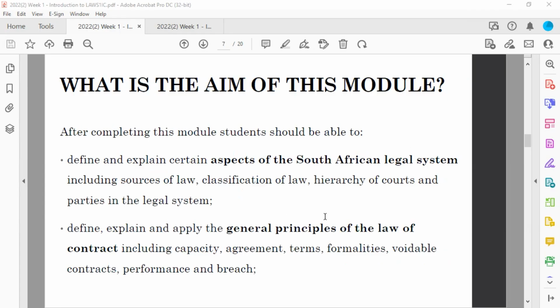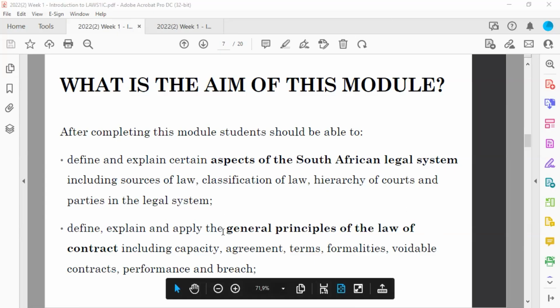Major things: what are the sources of law, what are the categories of law, where does commercial law fit in. We look at the difference between criminal law and civil law, and what the different courts are. All of this is to give you an understanding of the law and the terminology we refer to.